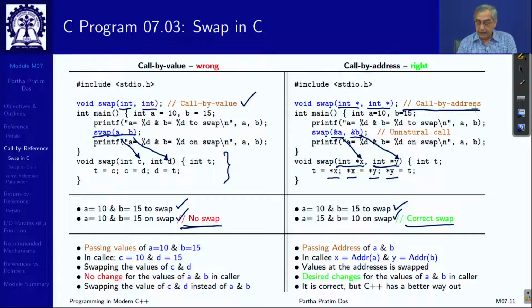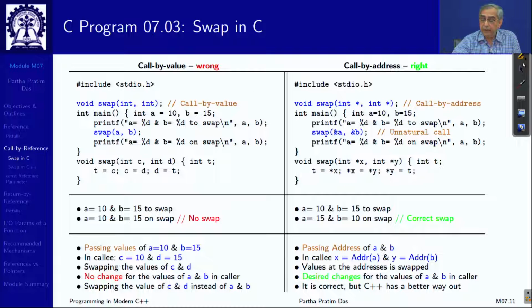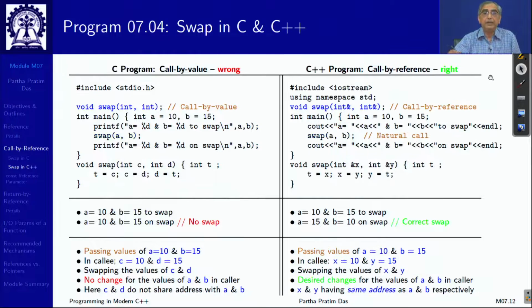So, here you can get the summary of what I have just stated, and this is what happens in C. If you look carefully, you will see that the call to swap is becoming somewhat unnatural. I am having to pass ampersand A, ampersand B, even writing swap is unnatural.